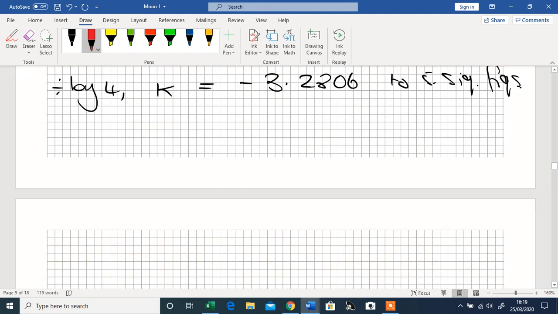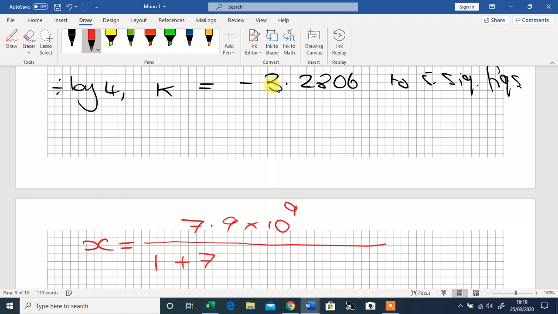Right, so we get x equals 7.9 times 10 to the 9, all divided by 1 plus, I'm actually going to write this out, but you could probably approximate it to 7.9 times 10 to the 9. But I don't really like doing that. You can't always do that with these things.